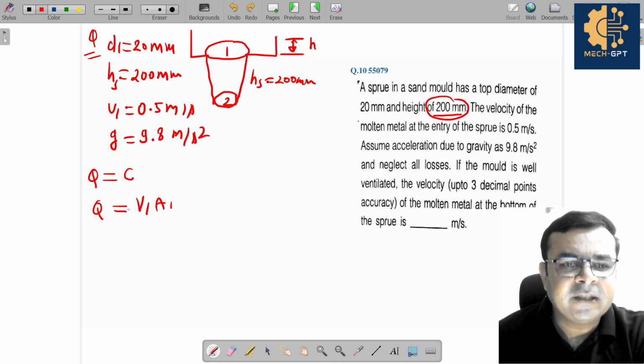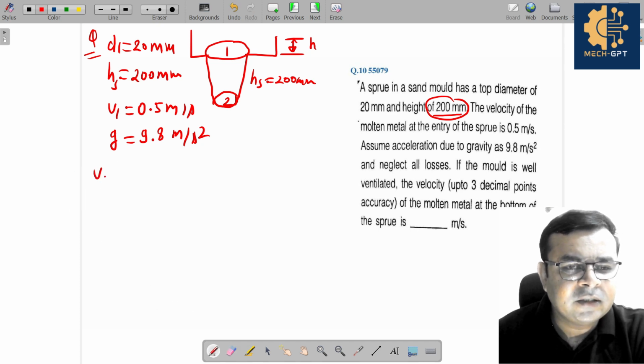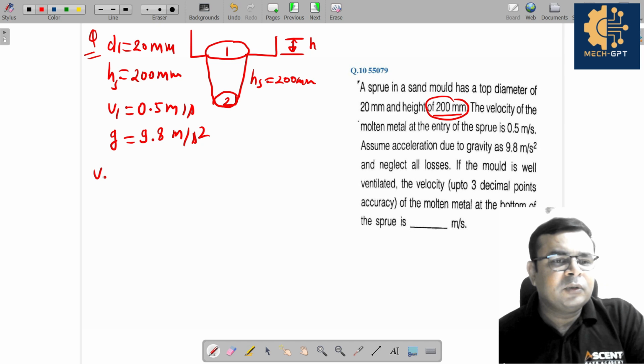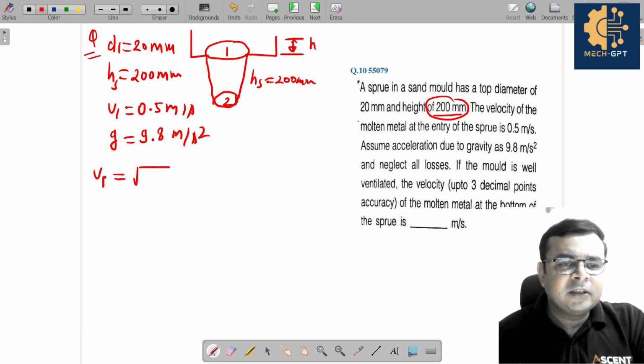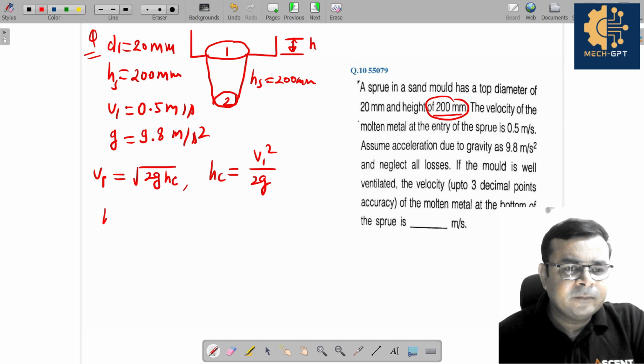So the velocity at the entry of the sprue, that is V1, is nothing but square root of 2 g HC. From this we can calculate HC, which is V1 square over 2g.